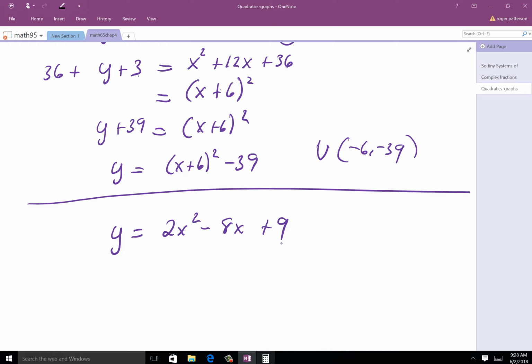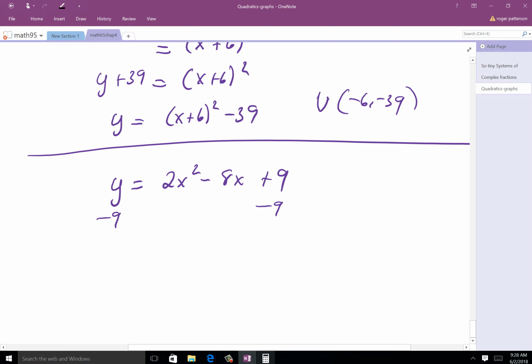Because then that messes everything up. We don't have an x squared here, and that was easy. But now that we have a 2 there, now that messes things up a little bit. So we have to kind of change it just a little bit. How are we going to do it? First, same thing. Get that 9 out of the way. It's messing me up. I'm going to move it over here.